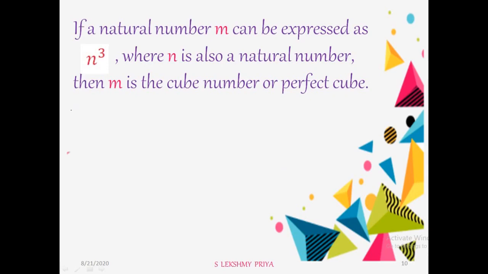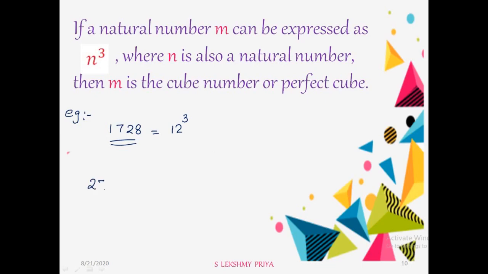Let's consider one example. 1728 we can express as the cube of 12. That is 1728 equal to 12 cube. Here 12 is also a natural number. So we can say the number 1728 is a cube number or perfect cube.